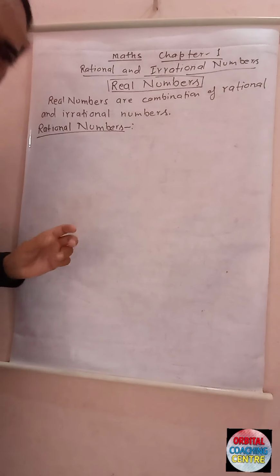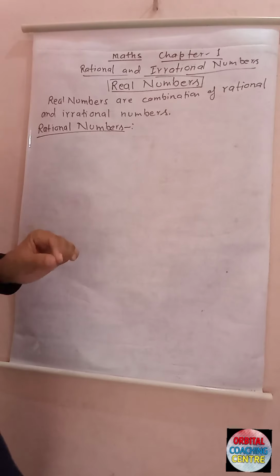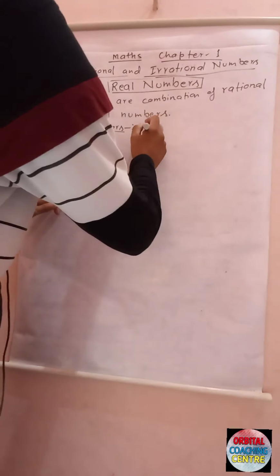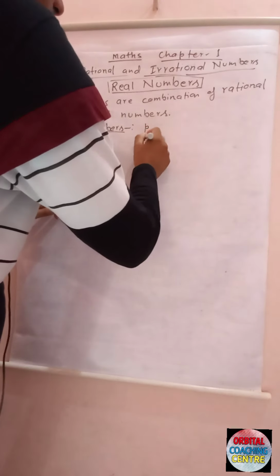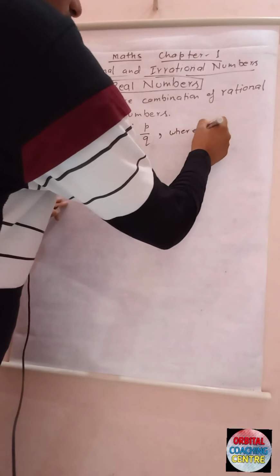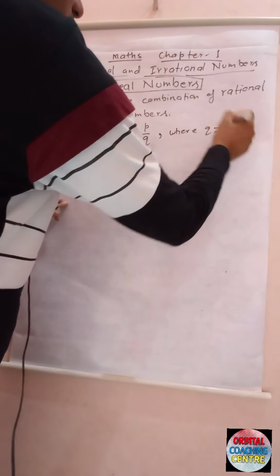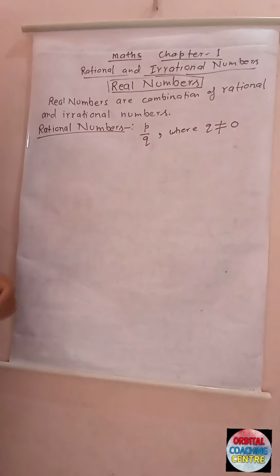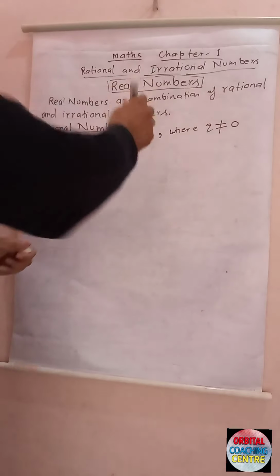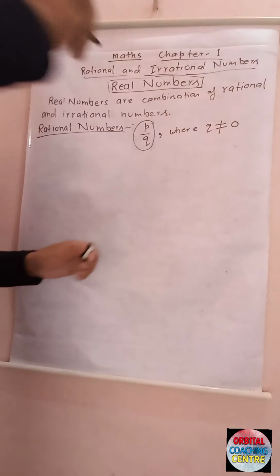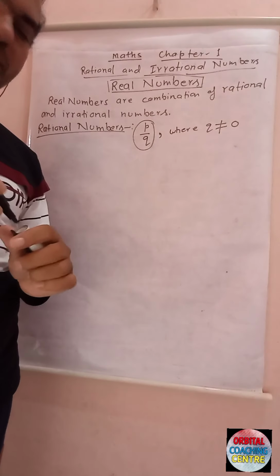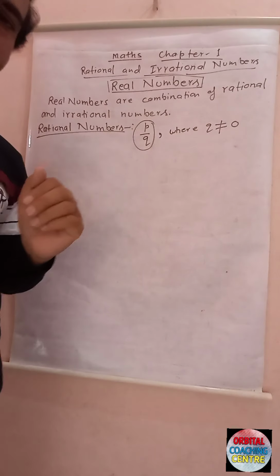Rational numbers are those numbers which we can write in the form of p by q, where q is not equal to 0. That is a rational number. Any number which we can write in the form of p by q, where the denominator is not equal to 0, is called a rational number.